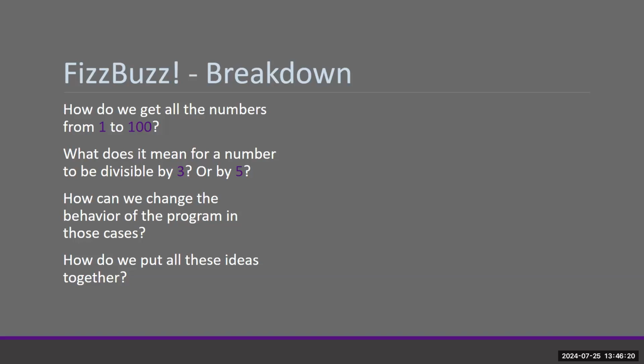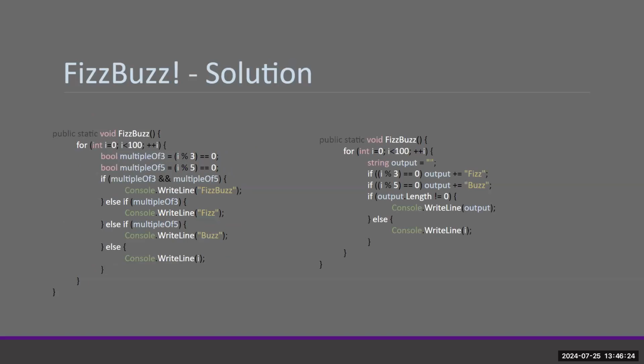Lastly, how can we put these ideas together for an actual program? So we've got two different solutions that I provided. One which is a more standard and typical approach that you will find. The other one is a more condensed and simple version that I wrote when I solved the problem forever ago.